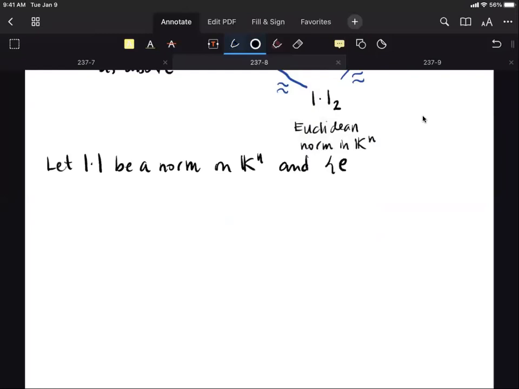Let us denote by e_1 to e_n the canonical basis of K^n. These are vectors with, in the case of R^n, component one in the ith entry and zero otherwise.